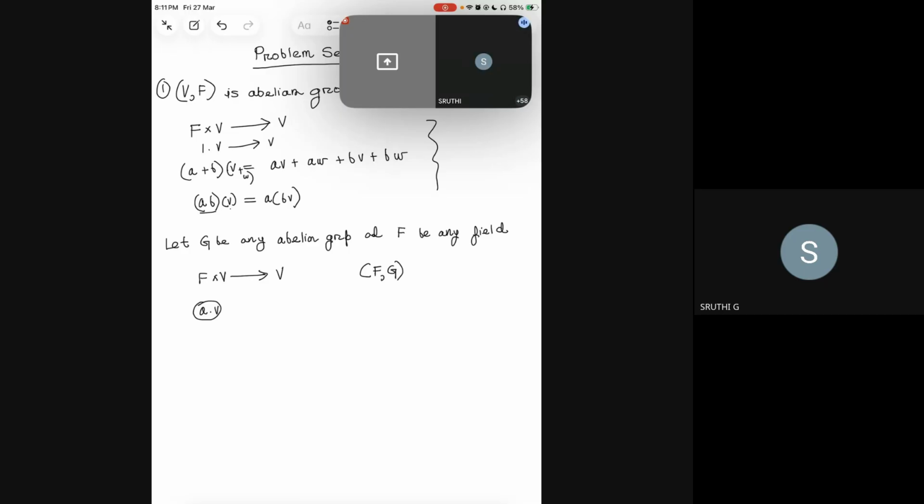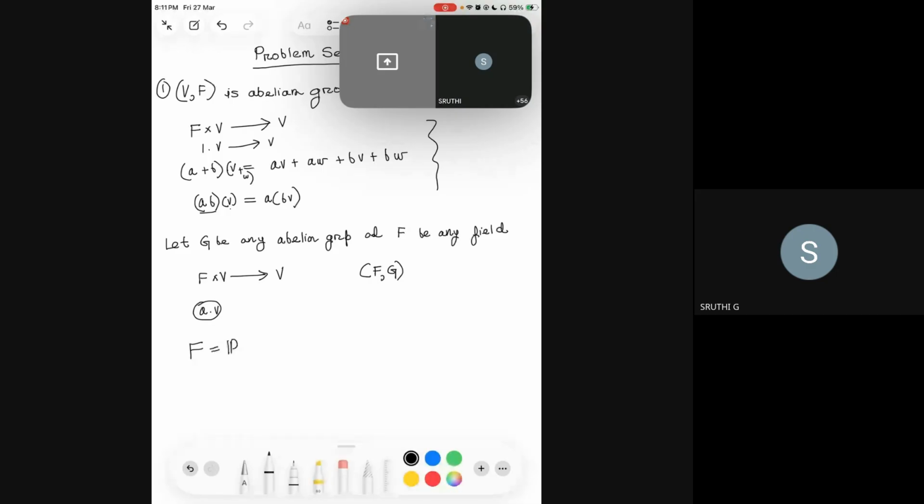Shruti, can you please open your mic and tell us what you think? It is not possible, because if I consider the field as R and my abelian group as Z under addition. So you are saying integers under addition, G. Yes. Let's go slow.